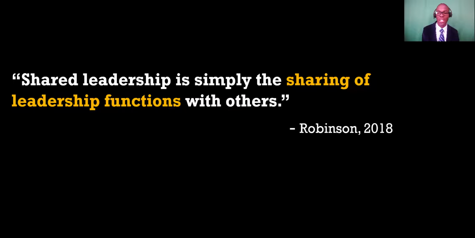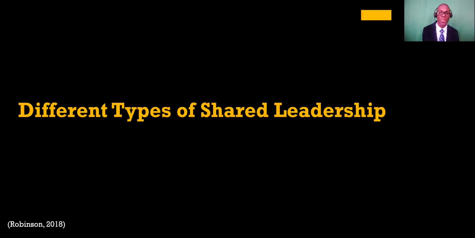So again, traditional leadership models like, for example, trait theory, behavioral theory, or even the Great Man theory, their assumption is that only the elected leader exerts that influence on the group. But with shared leadership, anyone can enact leadership or influence others.